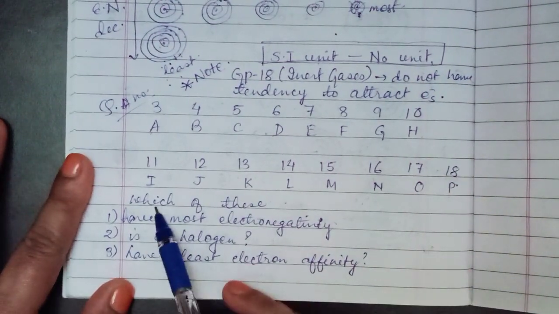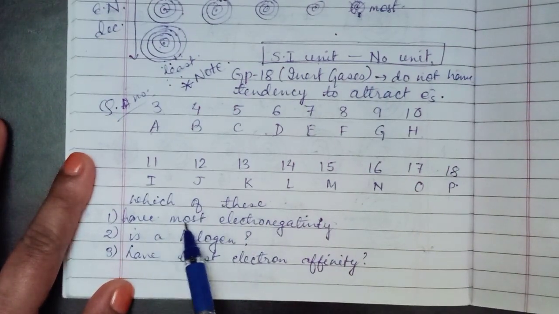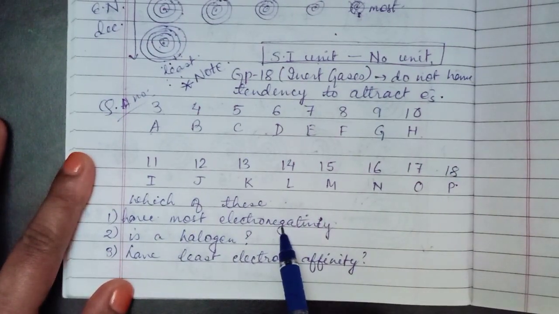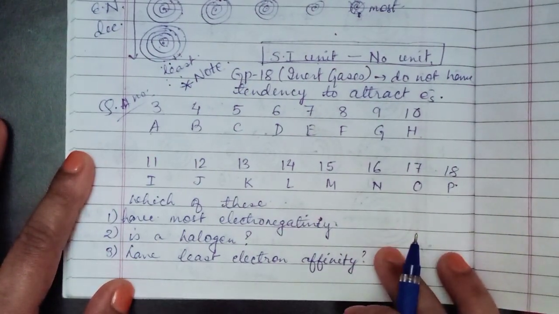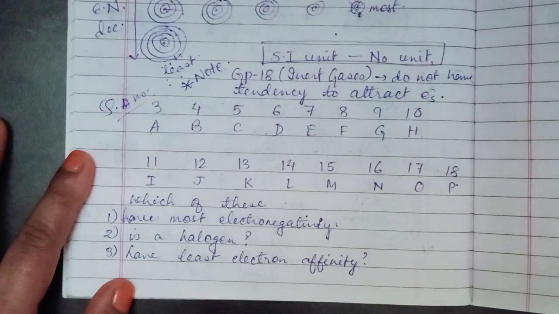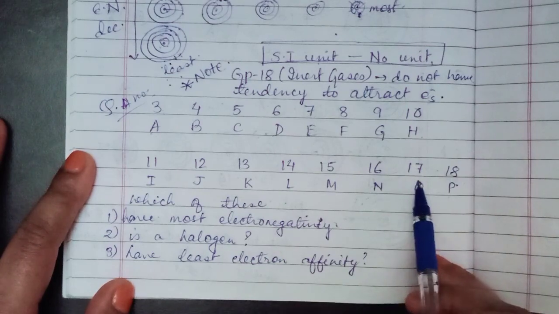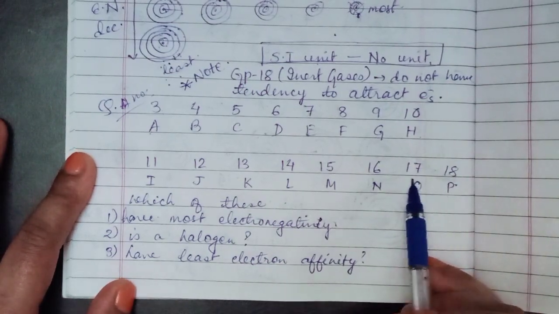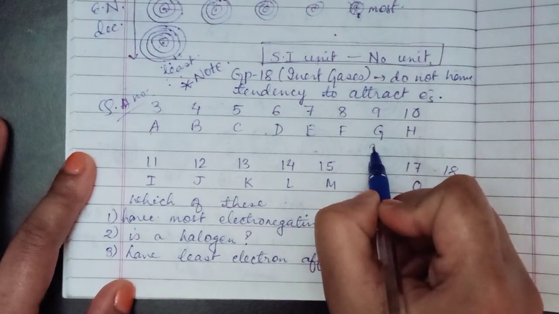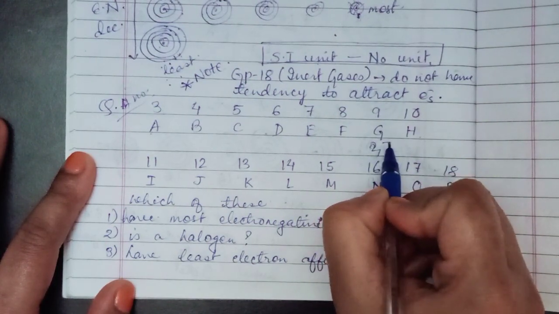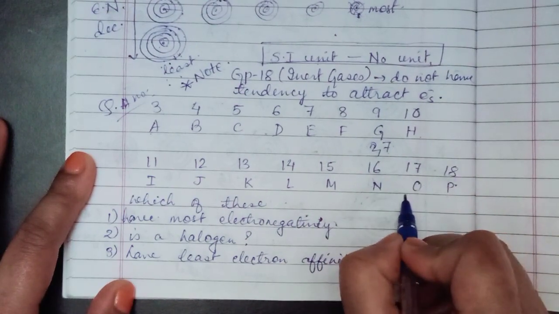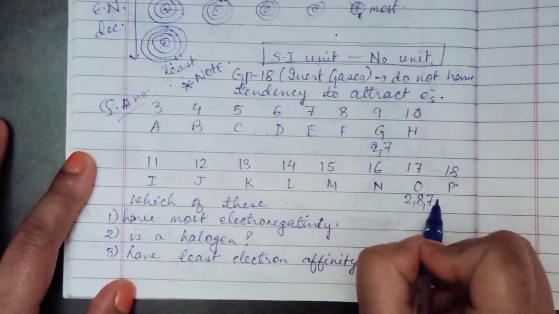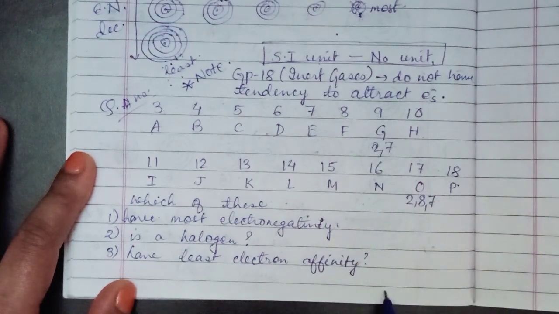Okay. See here, which of these has most electronegativity? Can you answer me? It will be for group number 17. Group number 17 means 7 electrons in the valence shell. 9 is 2, 7, that is group number 17, and this 17 also is 2, 8, 7. They both belong to group number 17.